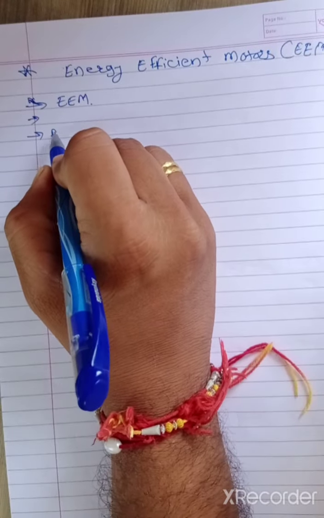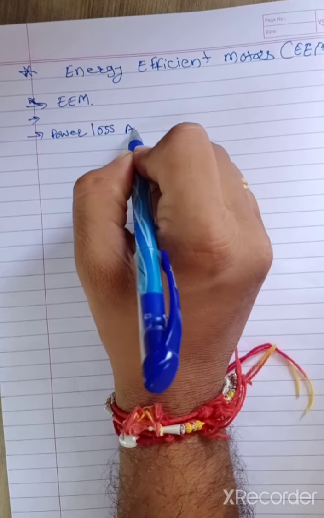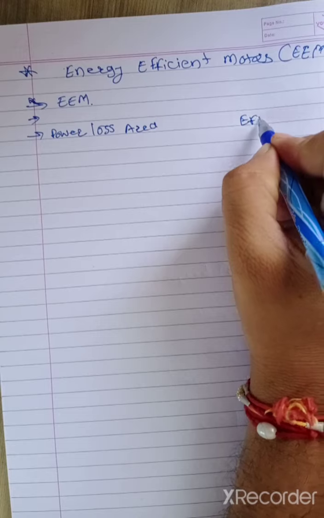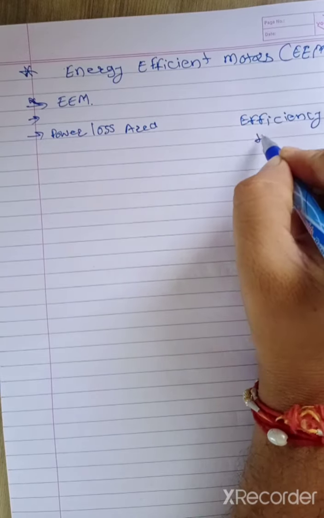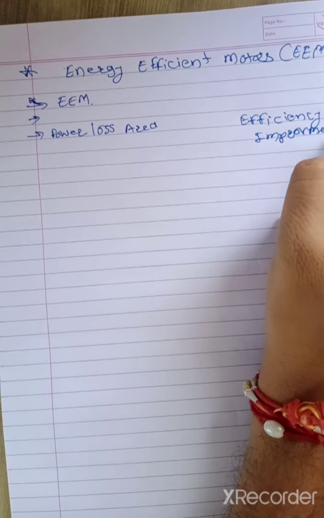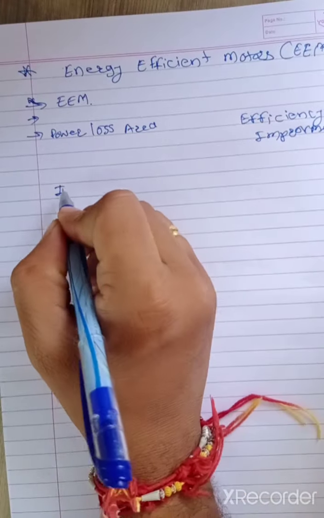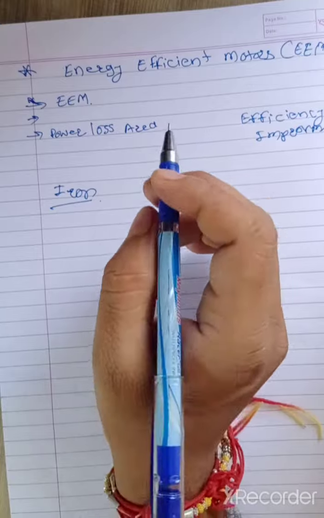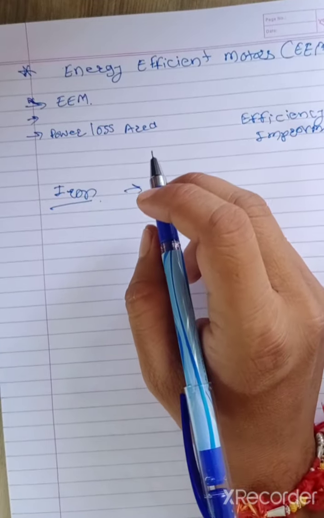Suppose this is the power loss area and this is the efficiency improvement. See here, iron. In this, the power loss area is iron.